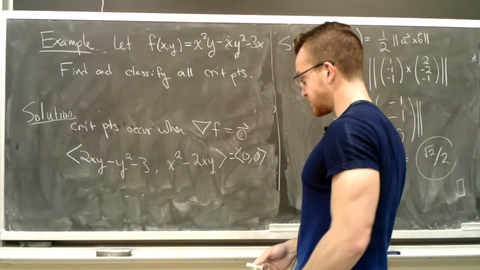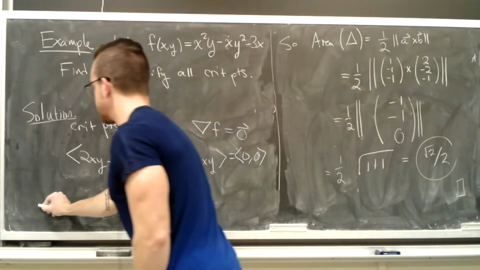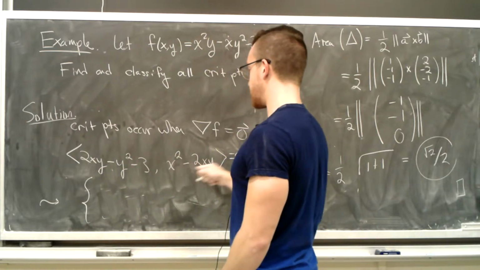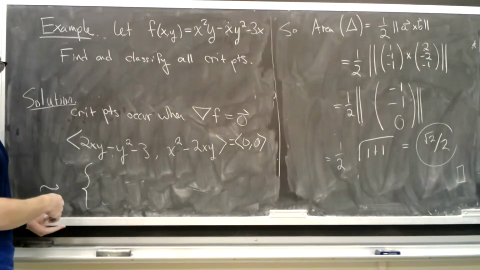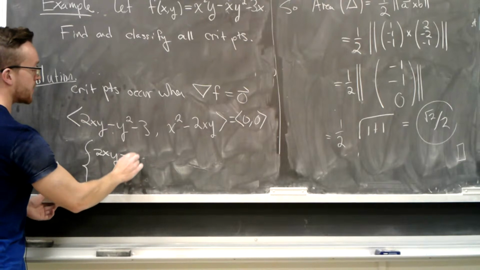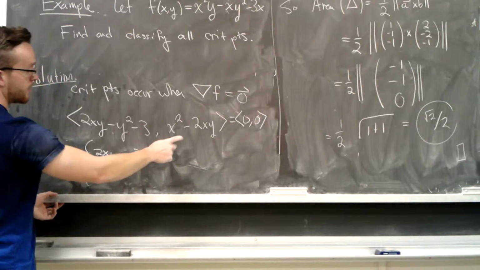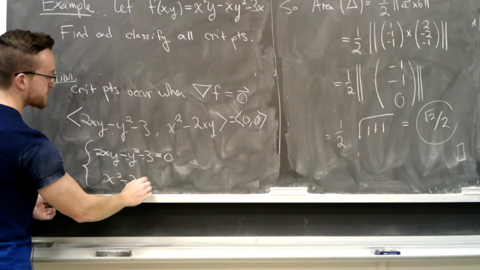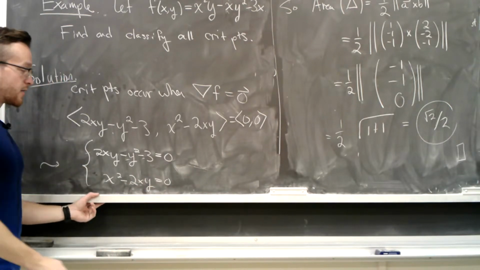So as before, this is going to generate a system of equations. The system of equations will be this equals 0 and this equals 0. So I get 2xy minus y squared minus 3 equals 0, and then x squared minus 2xy equals 0. Okay, that's what we have to figure out how to solve.